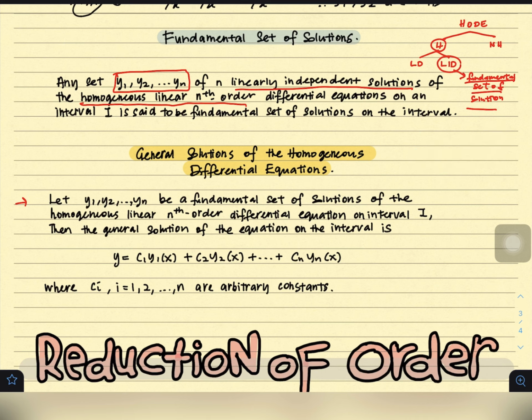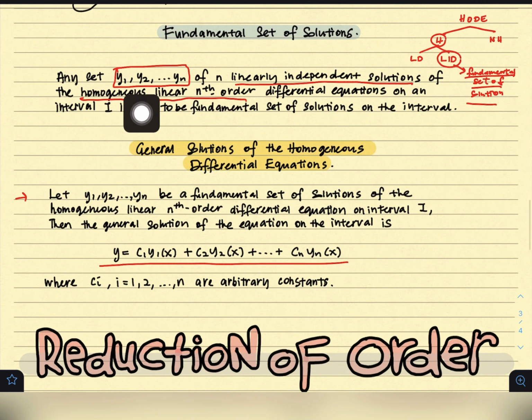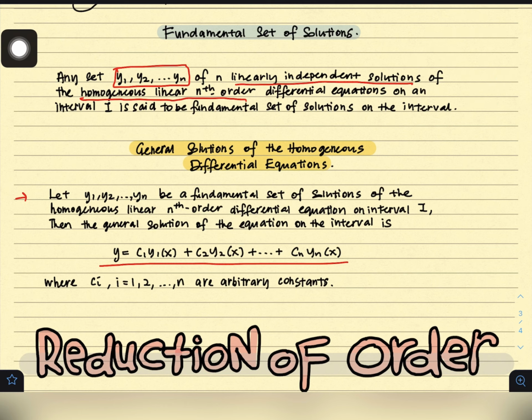For the homogeneous differential equation, then the general solution of the equation can be written in the form of this one. So sekarang ni saya ulang balik semula penceritaan kita ni nak bagi awak nampak. Sekarang ni we are talking about homogeneous higher order differential equation.